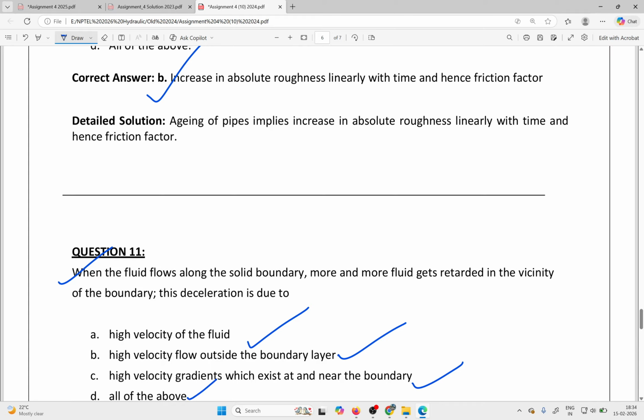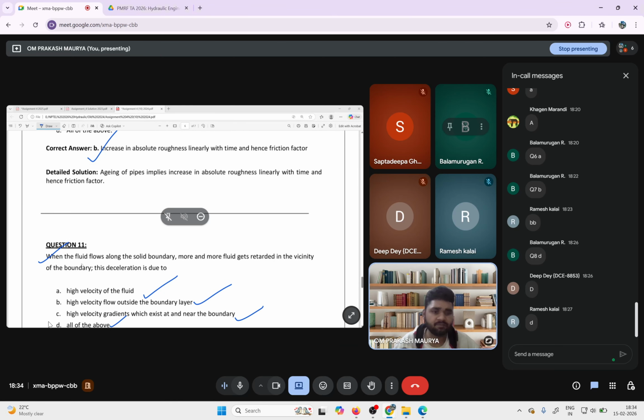Just think on that. Important question, please. Just try to write your answer. Another question we have in this set 2024, then after we'll see 2023.